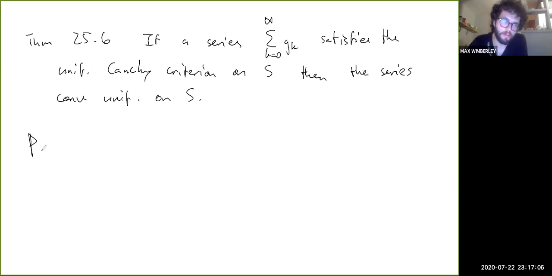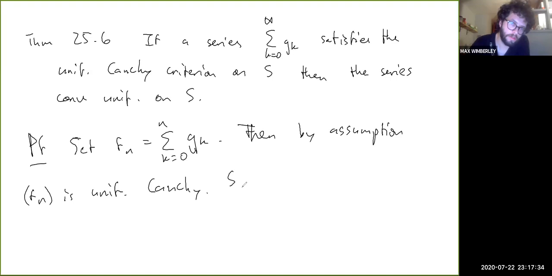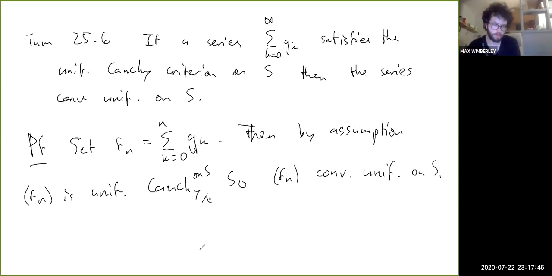And this is trivial. Set f_n to be the nth partial sum. Then by assumption, the sequence f_n is uniformly Cauchy on S. So f_n converges uniformly on S. There you go.